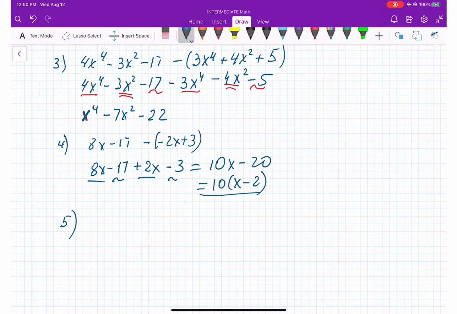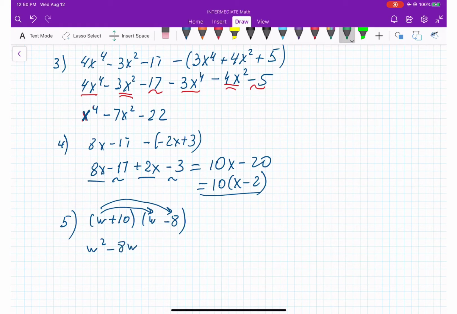W plus 10 times W minus 8. We are doing multiplication. All right. Let's multiply the first one. W times W, it's going to be W squared. W times negative 8, it's going to be negative 8W.